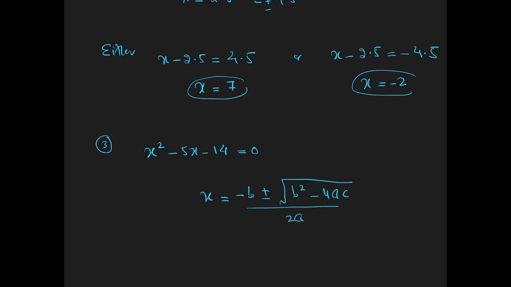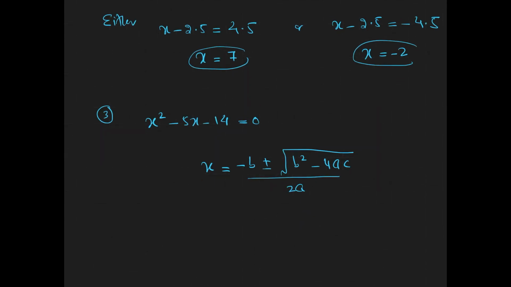You have to memorize this formula and then write down the numerical values of a, b and c. A is always the coefficient of x square, which is 1 in this case. B is the coefficient of x, which is minus 5, and c is this constant number, which is minus 14.